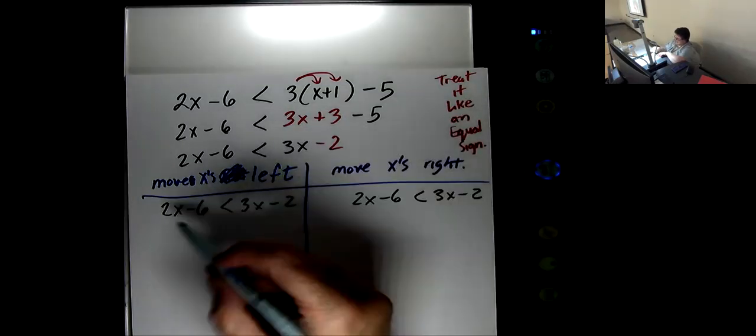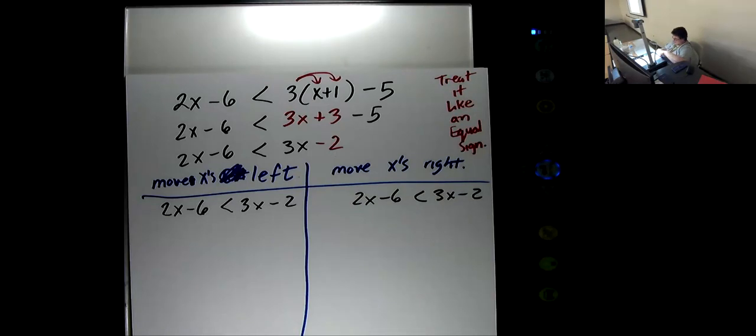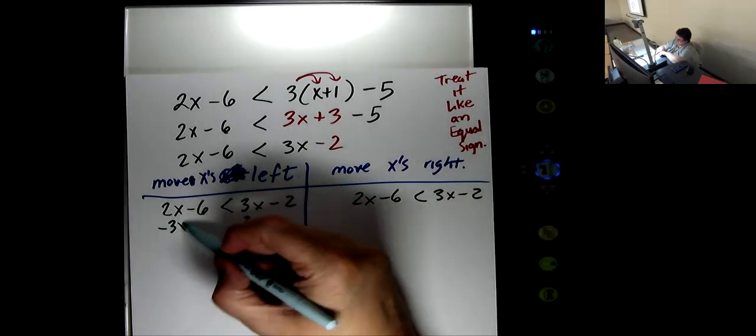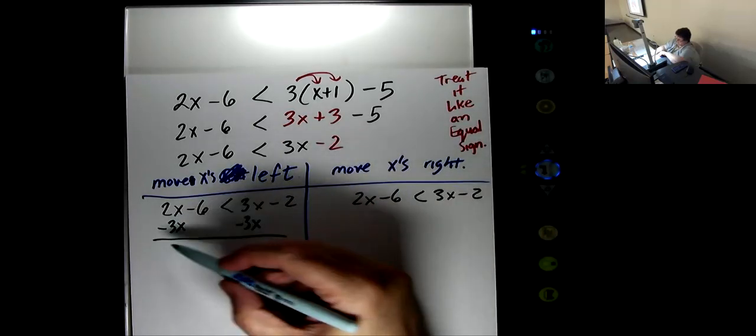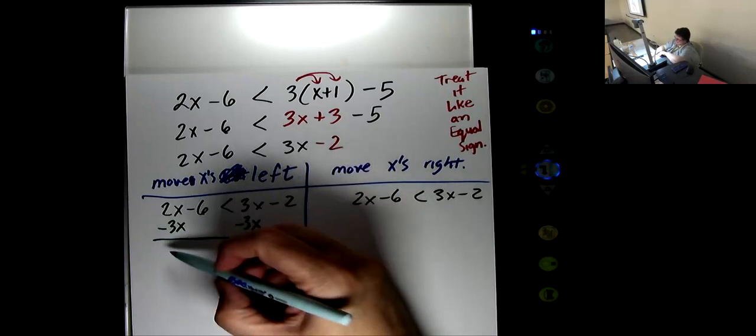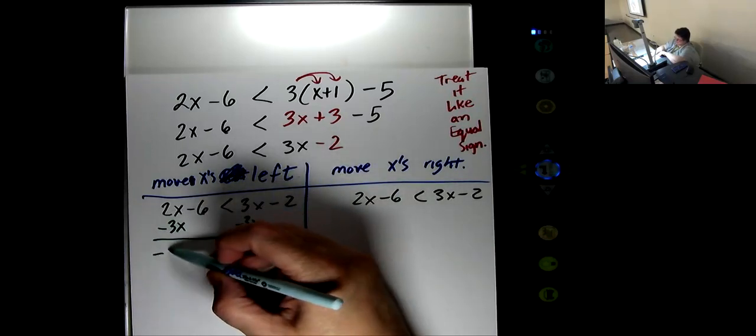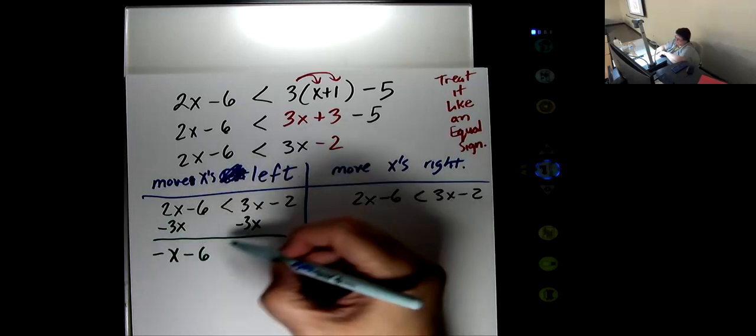All right, so let's say I move the x's left, which means I have to subtract 3x from both sides. And even though I'm subtracting a 3x, there's a negative sign there. I'm not multiplying or dividing by a negative, so I don't do anything about that.